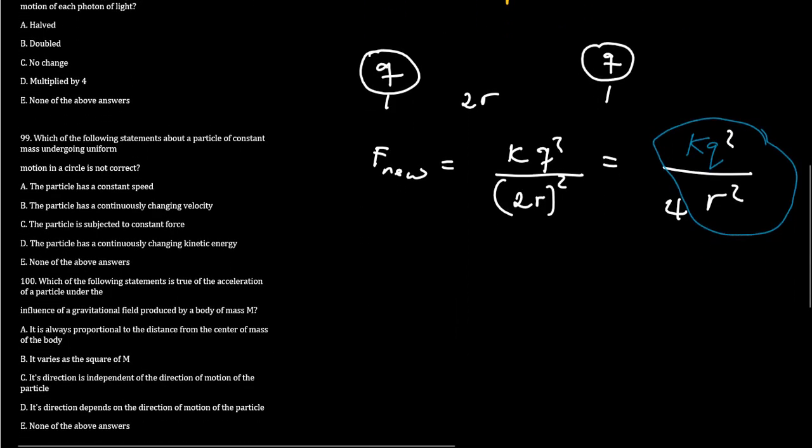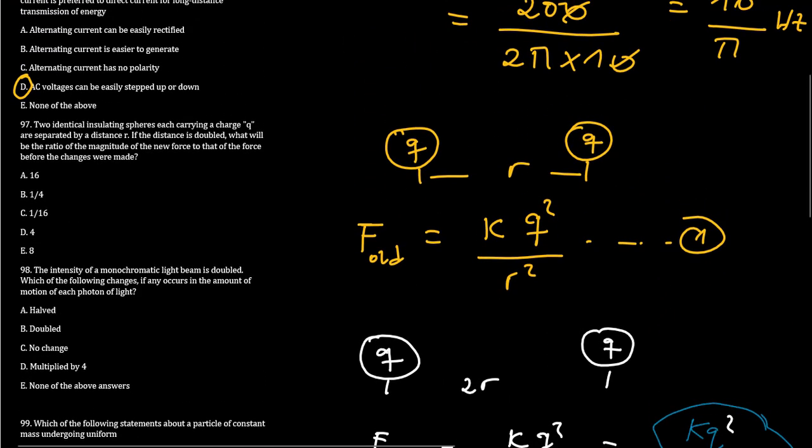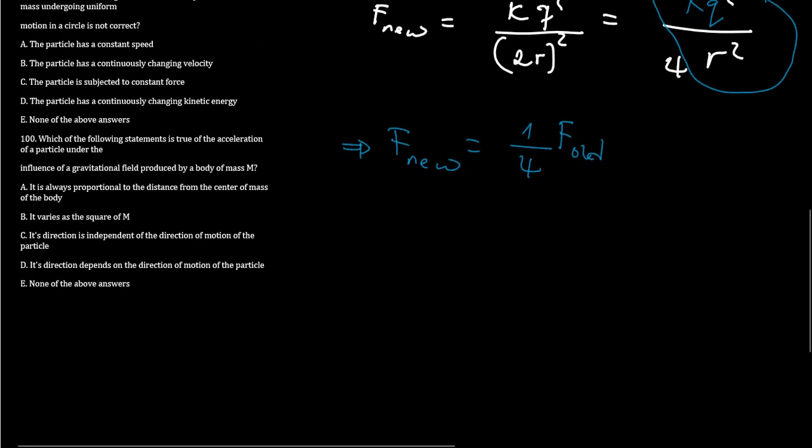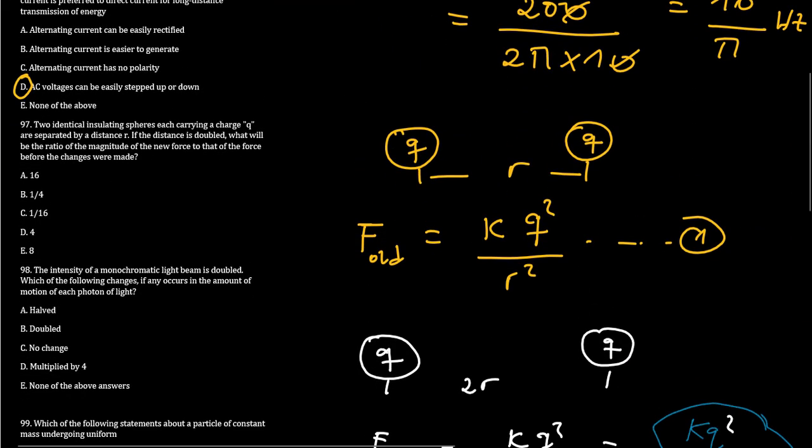So F new is equal to 1/4 F old. They asked for the ratio of the magnitude of the new force to that of the old force, so F new divided by F old will simply be 1/4. And so the correct option is option B.